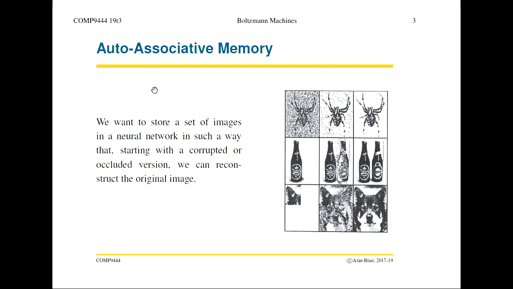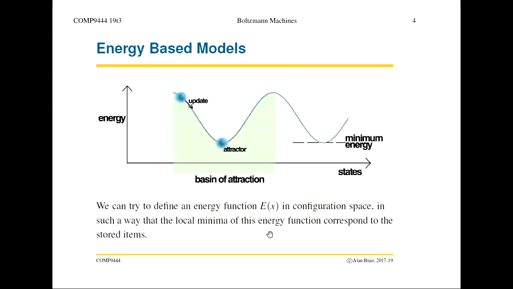It could start with an image that's just static, white noise, and it's an iterative process. The image gradually changes back to the stored image, or maybe half of it is blank and you're given the other half and it restores it, or maybe even just a quarter of the image.